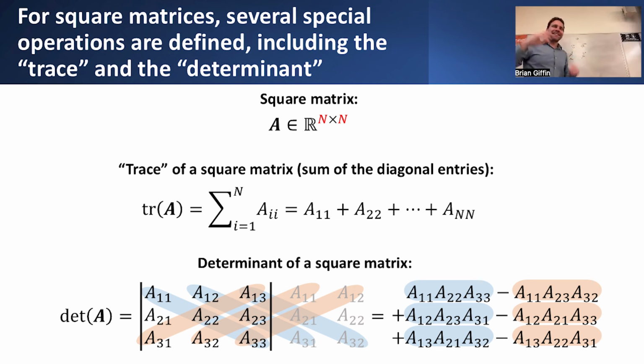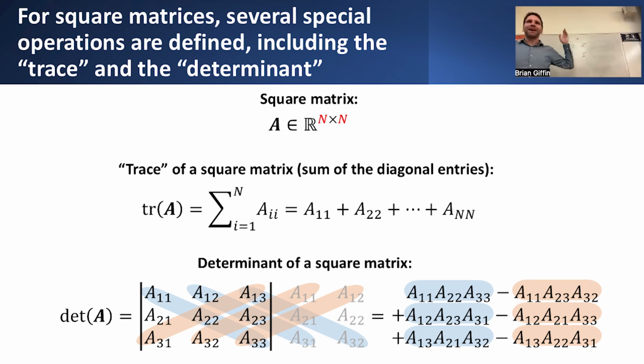The other thing that's worth knowing, a special operation only applying to square matrices, is this notion of the determinant. And the determinant is really kind of a funny thing. It's hard to express notationally in a generic way, but you've probably seen it and used it in other contexts and applied it to maybe 2x2 matrices or 3x3 matrices.